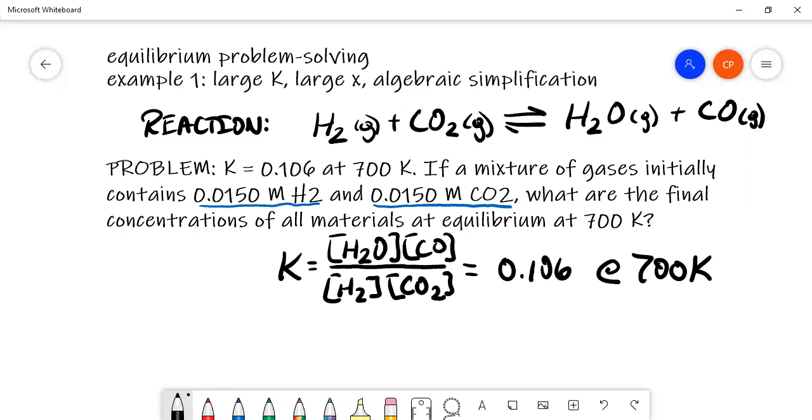What we need to do in order to solve this problem is we need values, or we need expressions that represent these equilibrium values of the concentrations of H2O and CO and H2 and CO2 under these circumstances.